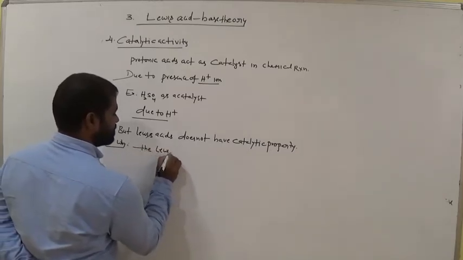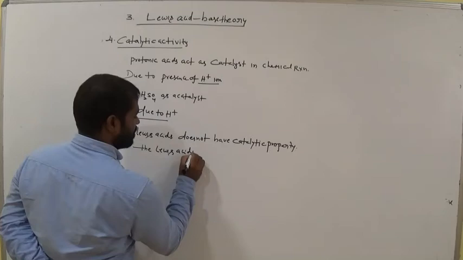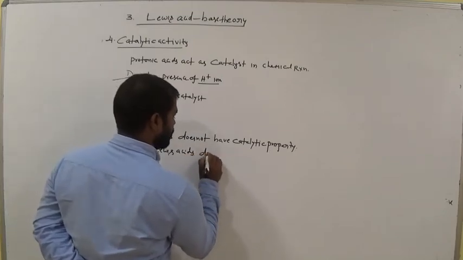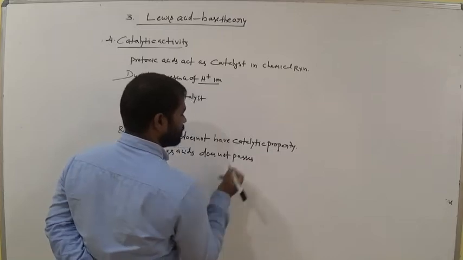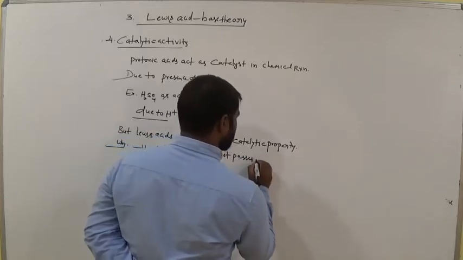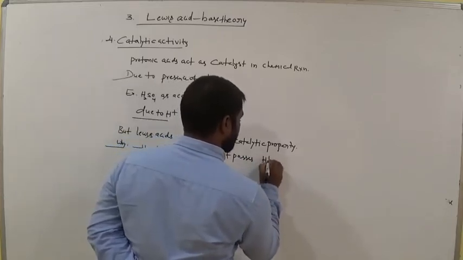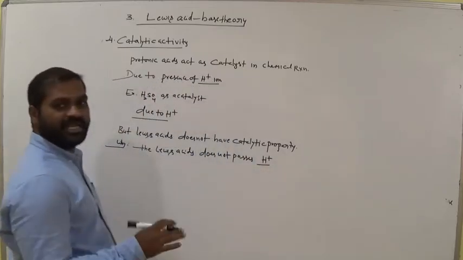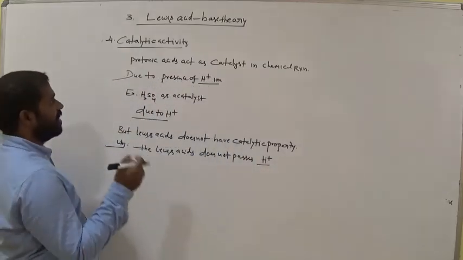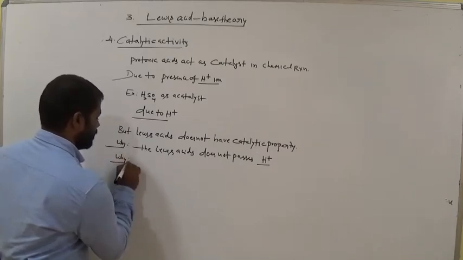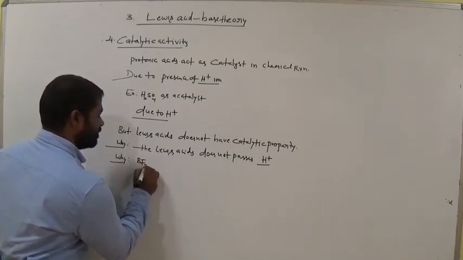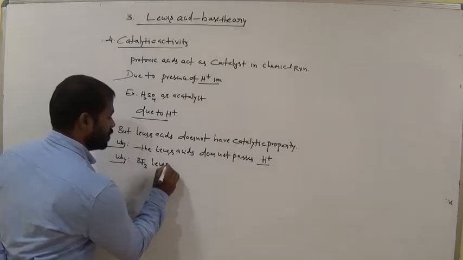The Lewis acids do not possess H plus. There is no hydrogen ion in a Lewis acid. Why? For example, BF3 is a Lewis acid.